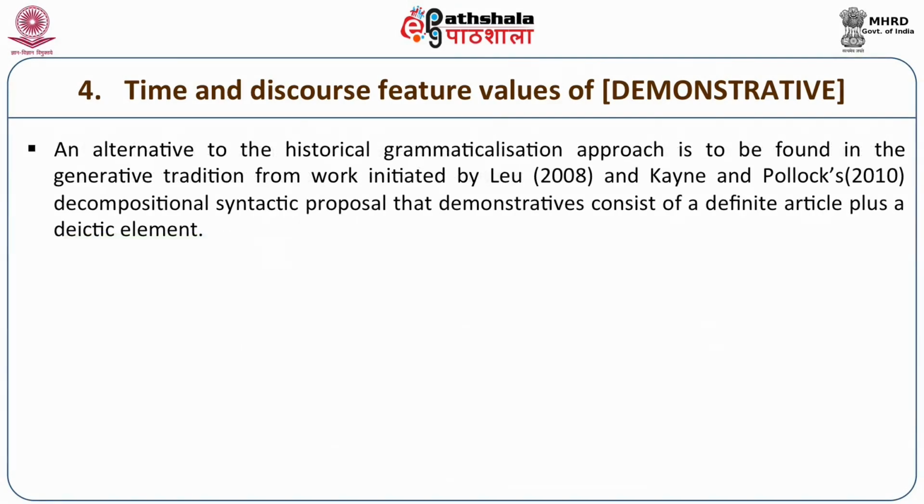This historical grammaticalization approach can be contrasted with the tradition from generative work initiated by Leu and Kayne, and Pollock's decompositional syntactic proposal that demonstratives consist of a definite article plus a deictic element.